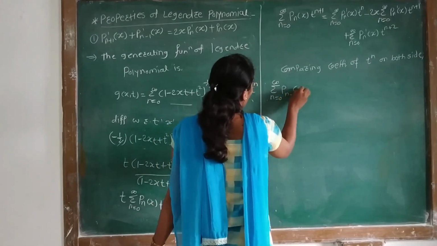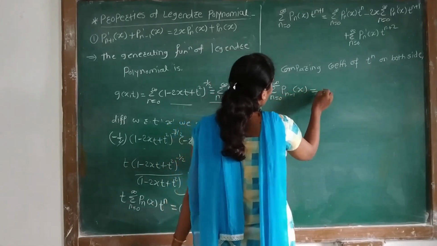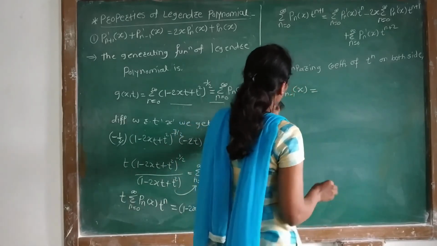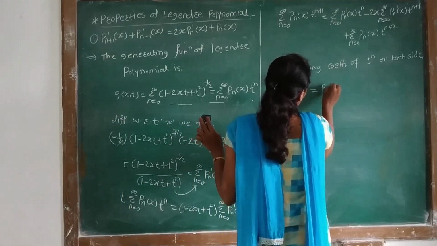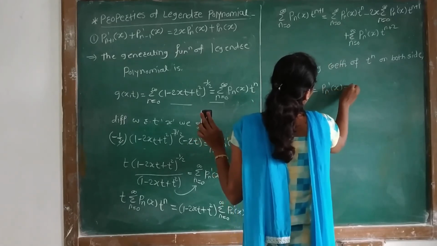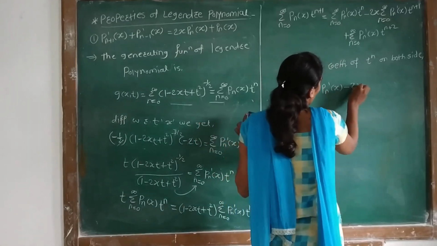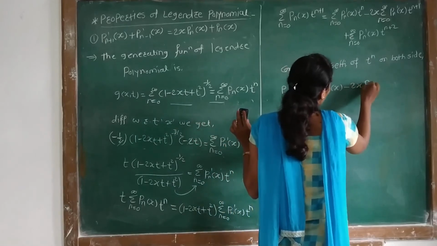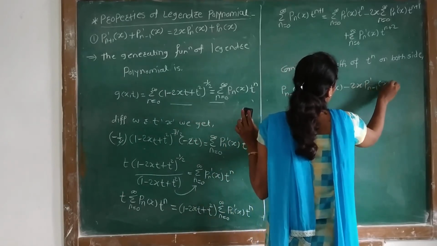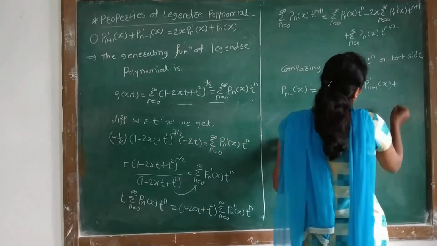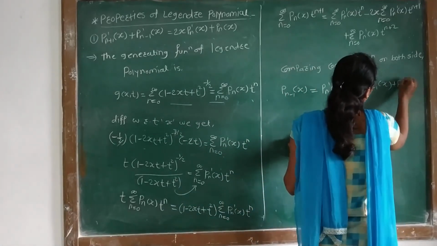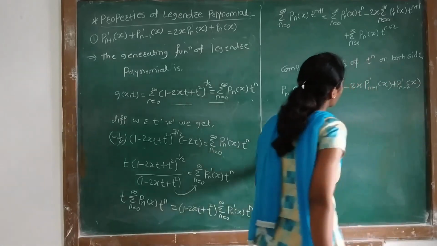Pn minus 1 of x is equal to Pn dash of x minus 2x into Pn minus 1 dash of x plus Pn minus 2 dash of x.